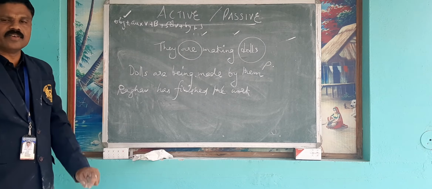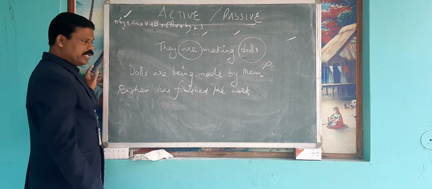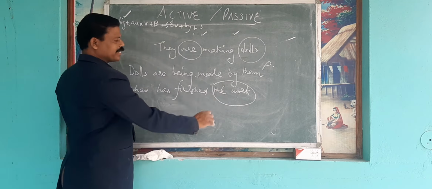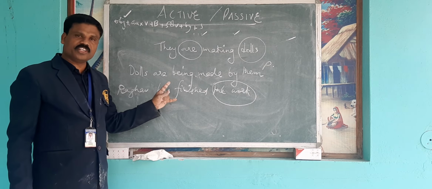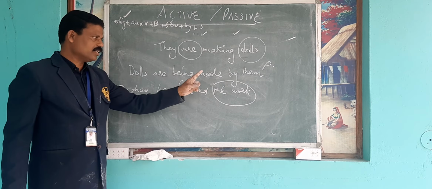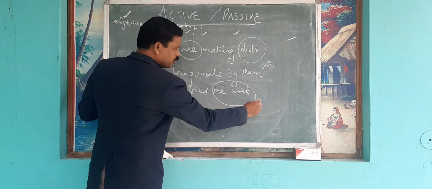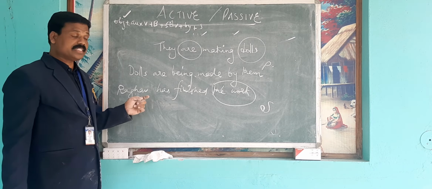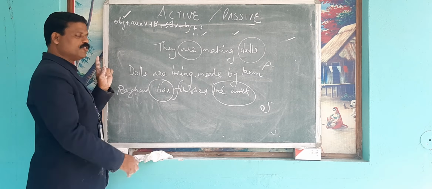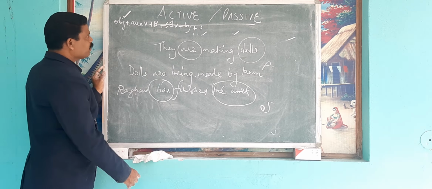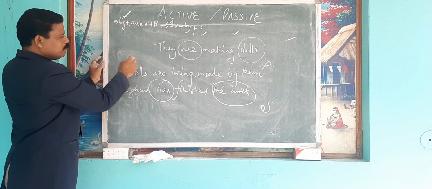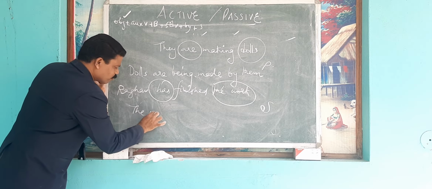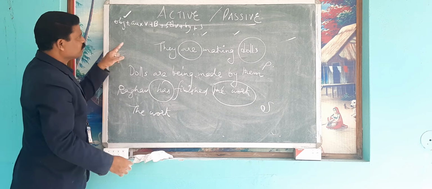Raghav has finished the work. First step, identification of object, the work. Raghav has finished what? The work. The work is the object. Itself is singular. Second step, identification of auxiliary verb: has, singular. Then first the object, the work.